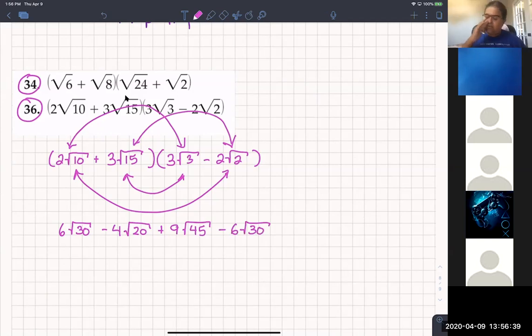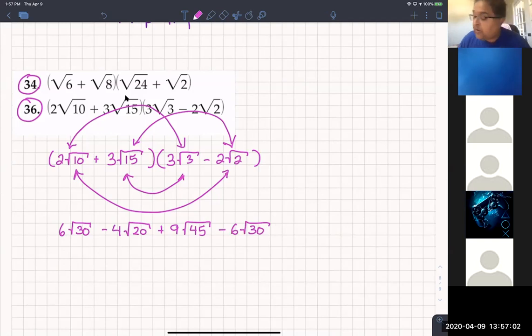Okay, now we simplify. Which ones can we break up? You can do 6 and negative 6. 30 is 6 times negative 6? No, not the 30. For 45, you can do 9 and 5.